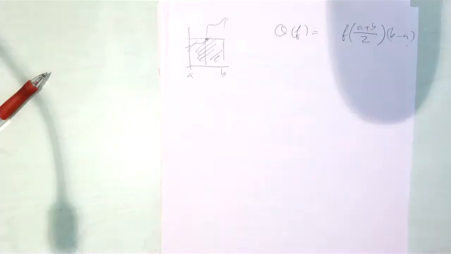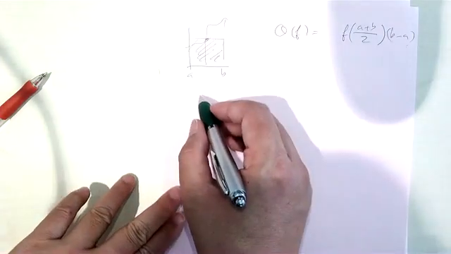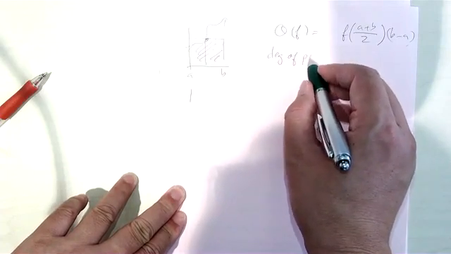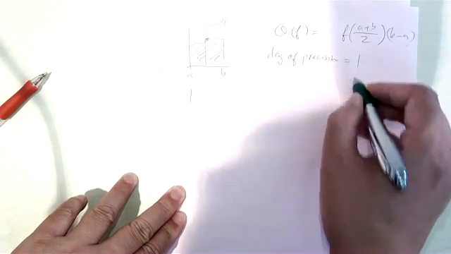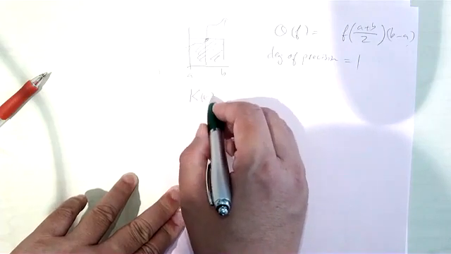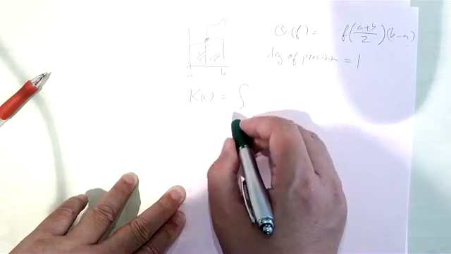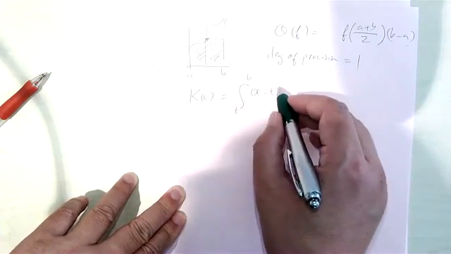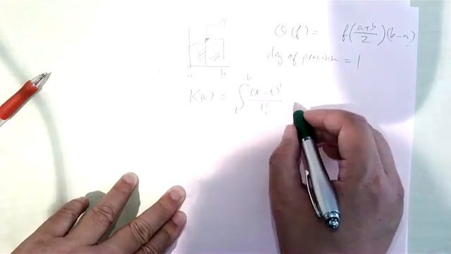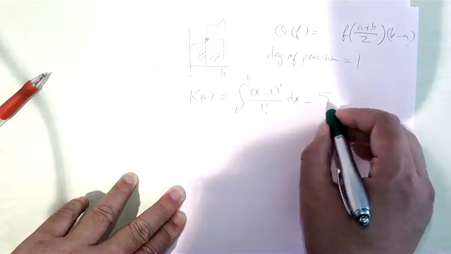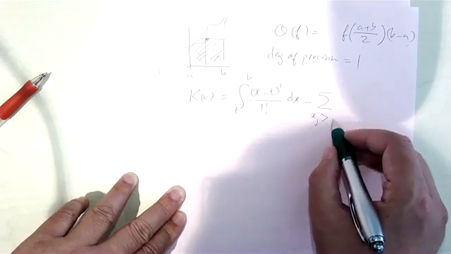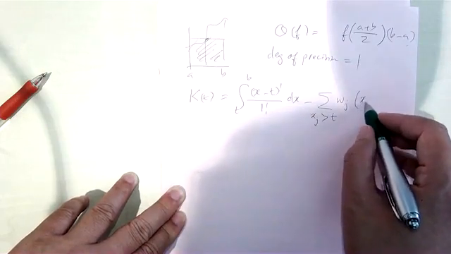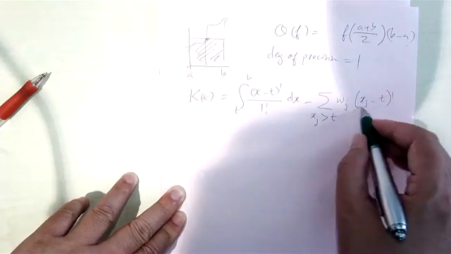So what is the Peano kernel in this case? The degree of precision, remember, is 1. So now the Peano kernel looks like this: the integral from t to b of (x minus t) to the power 1 over 1 factorial, which is still 1, dx, minus the sum over the quadrature points bigger than t of the weight times (xj minus t) to the power 1 over 1 factorial.